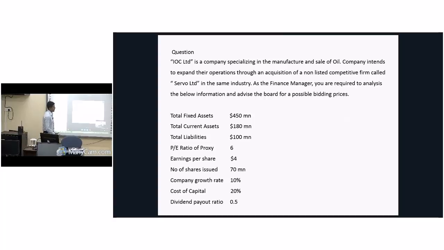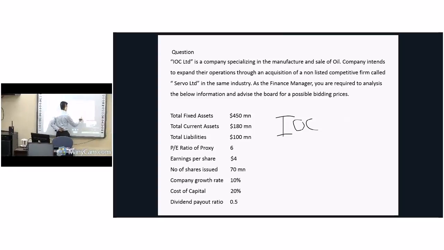As the finance manager, you are required to analyze the below information and advise the board on possible bidding prices. What is this all about? There is a company called IOC. They manufacture oil. They intend to acquire another firm called Servo.